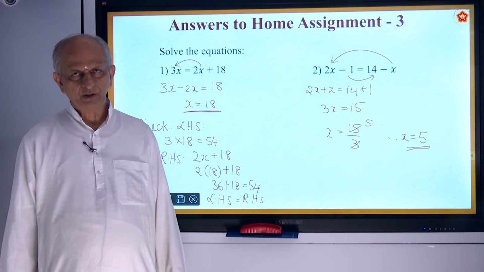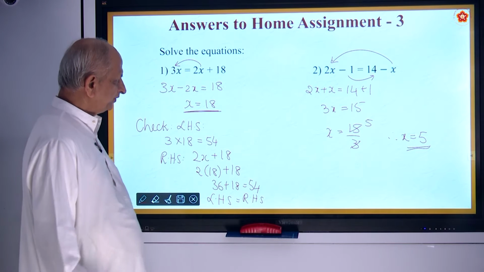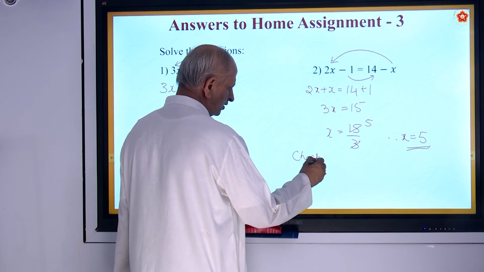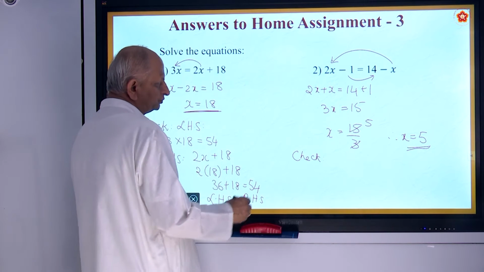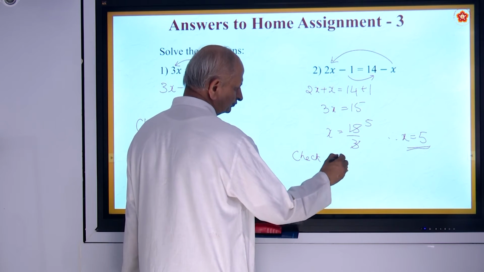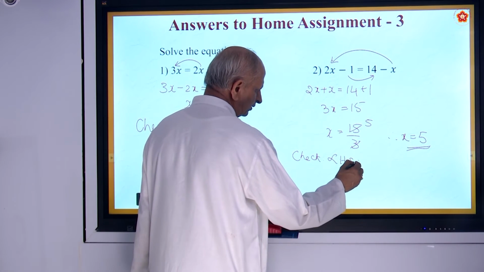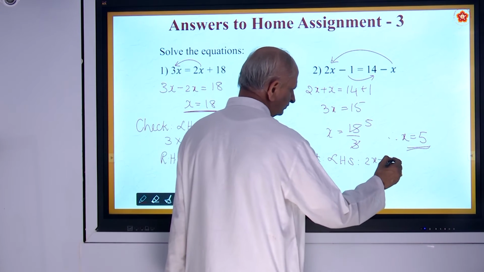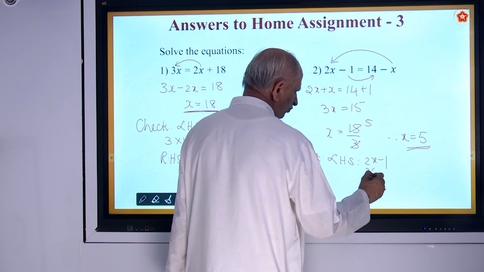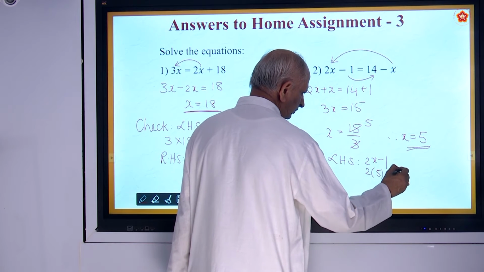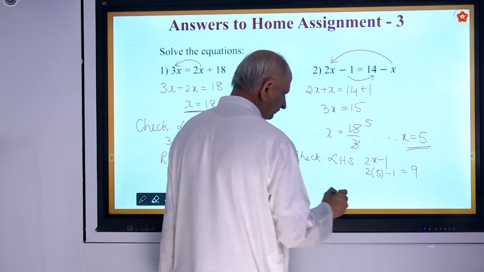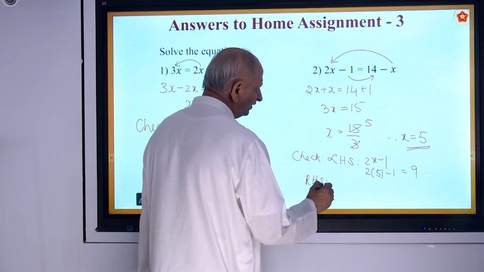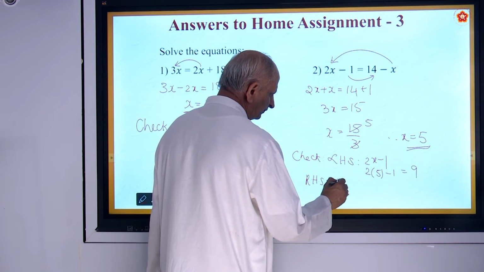Okay, wrote it. Now you substitute. That's called verification or checking. How to check it? Left hand side. What is given? 2x minus 1. What is the value of x? 2 into 5 minus 1. That is 10 minus 1 is 9. So if you take the right hand side, what is there? 14 minus x.